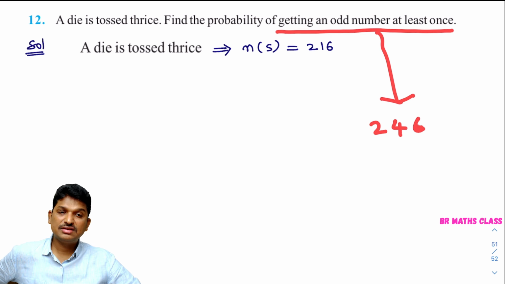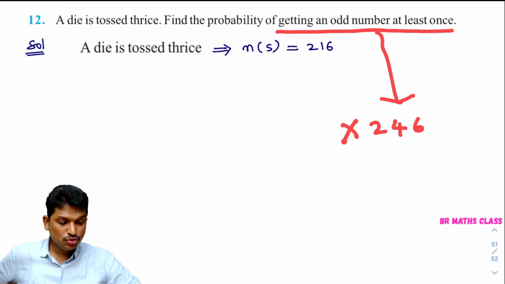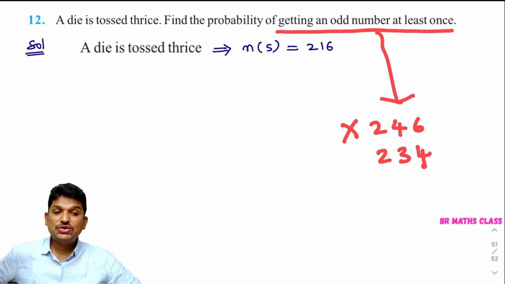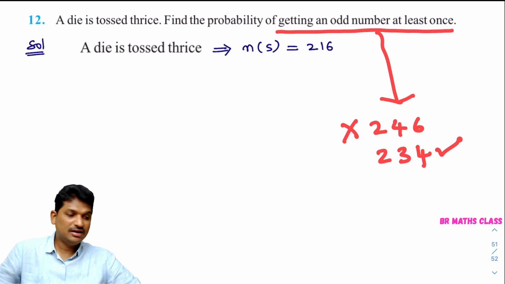Is there an odd number at least once in this? This is not the case. Getting an odd number at least once means, suppose, 2, 3, 4. You see, in this 2, 3, 4, 3 is the odd number, right? I hope you are understanding.